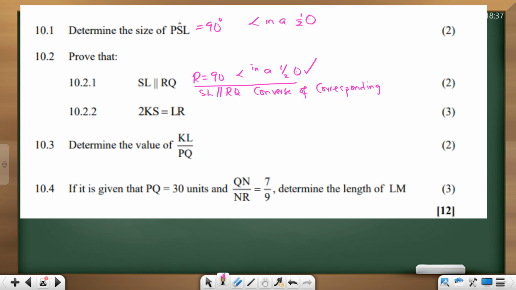Please make sure you write that down. Right now you should have a book preparing for study. Converse, corresponding angles. When do you use converse? When you use the angles to describe the nature of a line.